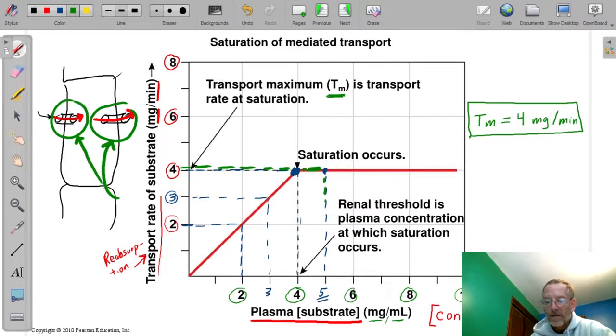We can go all the way up to 10 milligrams per mil, way out here. And if this is glucose, for example, we can still only absorb 4 milligrams of that substance per minute. So what happens to the rest of it? That takes us to the next figure.